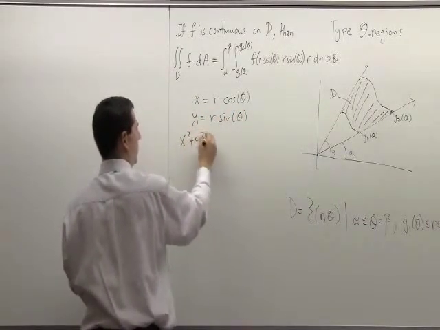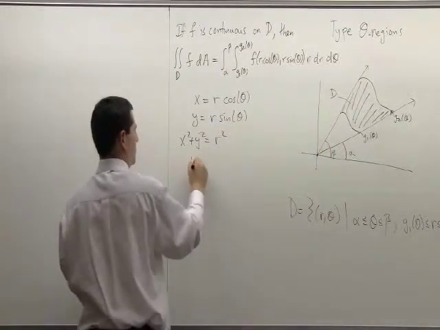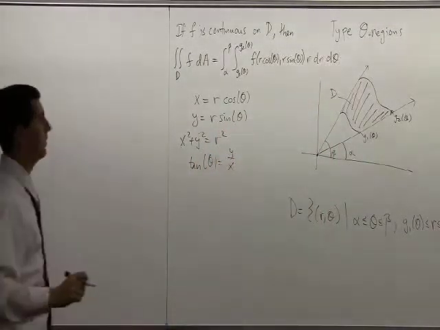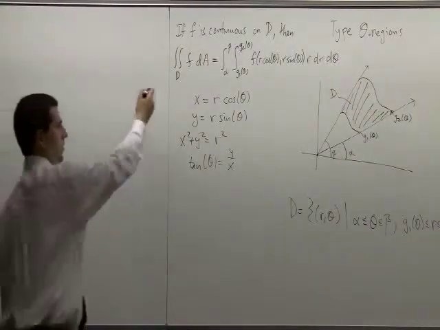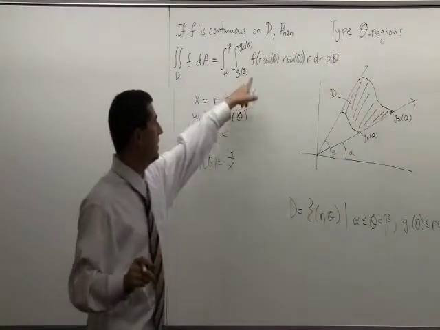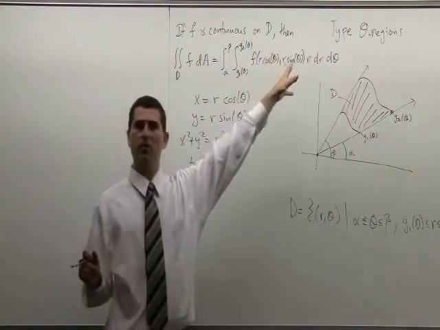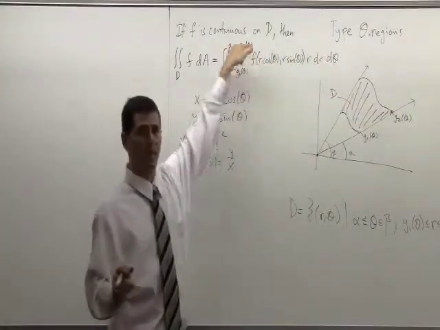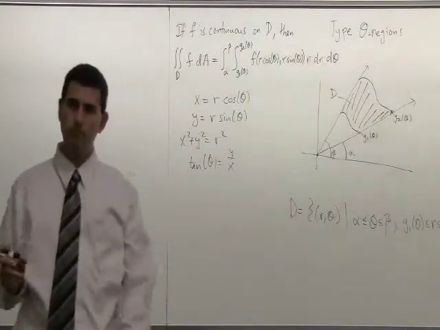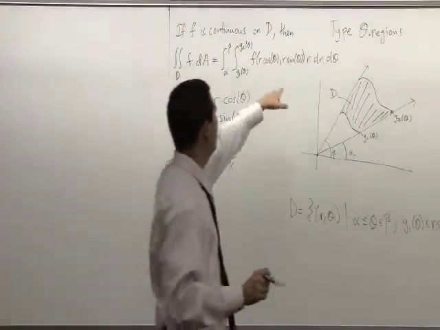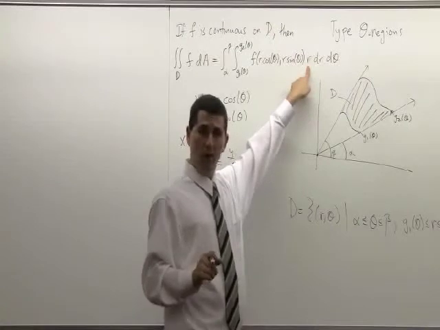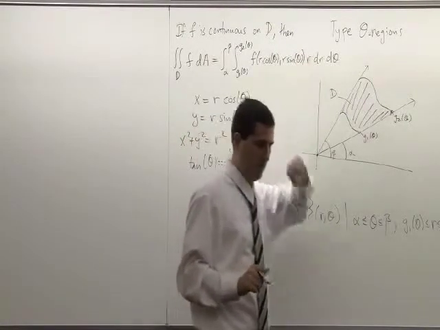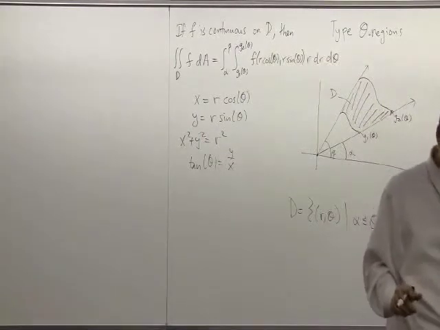X squared plus y squared is r squared. Tangent of theta is y over x. Okay, but this is the important thing. This is exactly what we had for type x and type y regions. You could write down this iterated integral where you put functions in the top and the bottom. And also note this extra r out here, which was a consequence of changing to polar coordinates. We showed last time that that's what pops out.